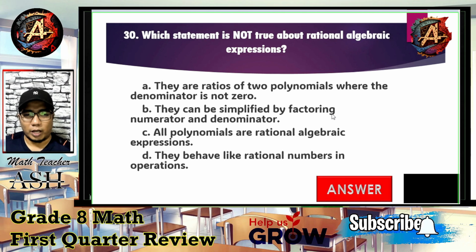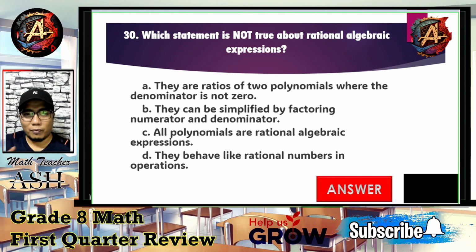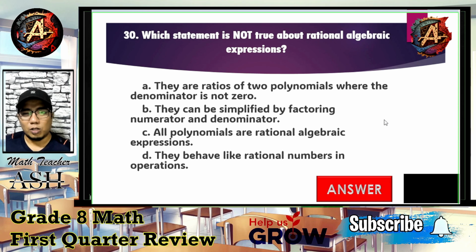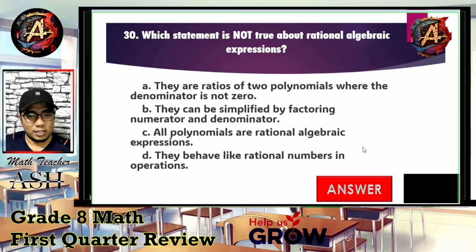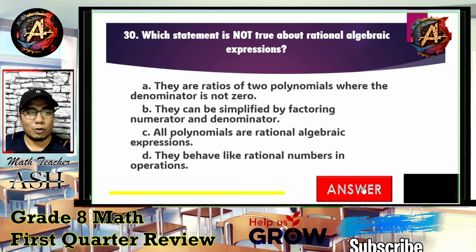Letter B is also correct. Now, letter C, all polynomials are rational algebraic expressions. So, therefore, letter C is wrong. Letter D is just the same as the others because rational numbers can be treated as operations in rational algebraic expressions. So, letter C is the wrong answer here. Let's check whether we are correct.